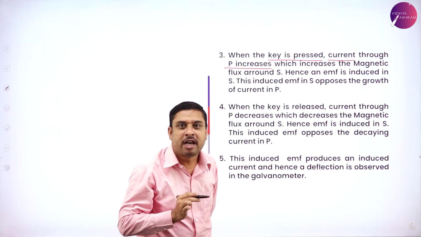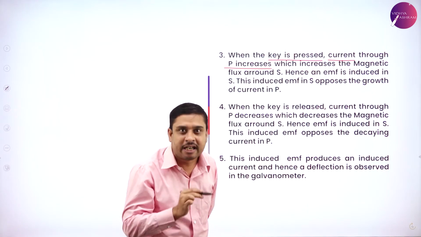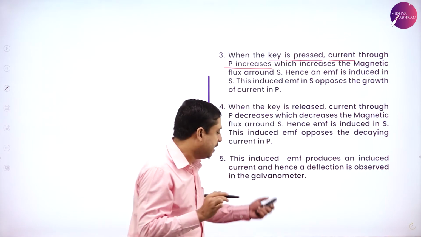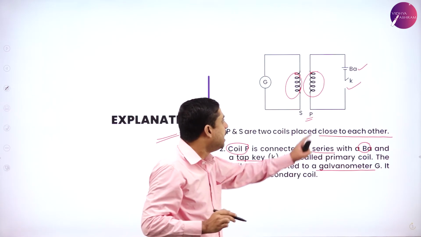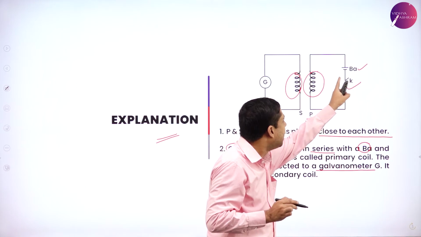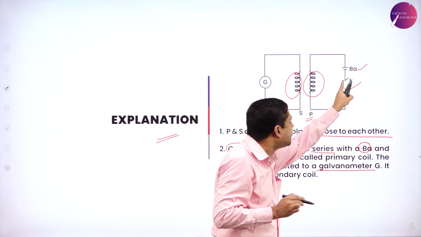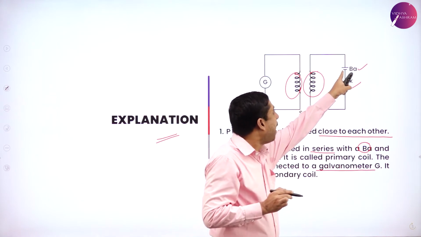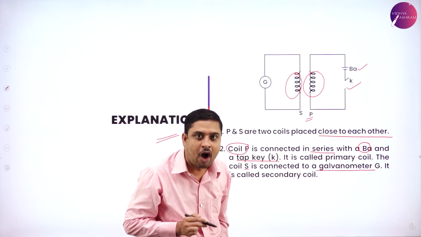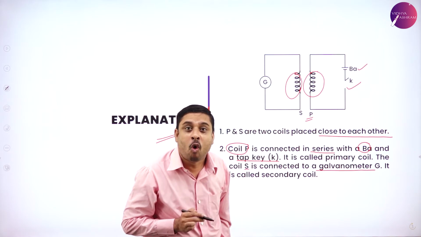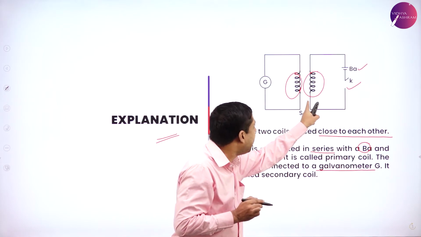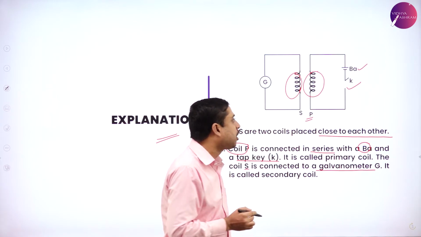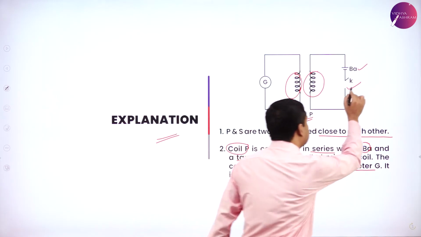Initially, before the switch was on, there was no current flowing through P. Now, the moment I have closed the tap key, the moment the battery is switched on, slowly the current flowing through the primary coil increases.